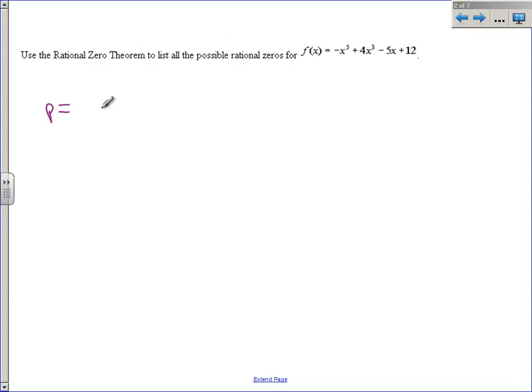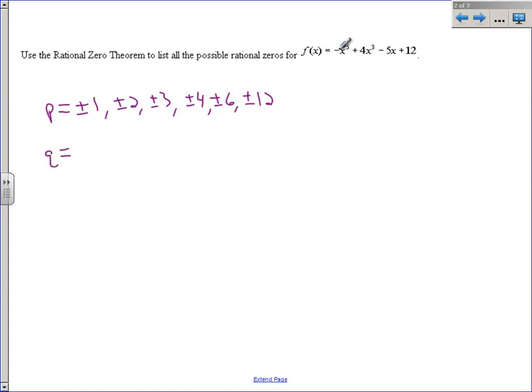So every number that goes into 12 is this following list: plus or minus 1, plus or minus 2, plus or minus 3, plus or minus 4, plus or minus 6, and plus or minus 12. That's a list of all of the numbers that will divide into the constant term, and that's what we're going to call P.